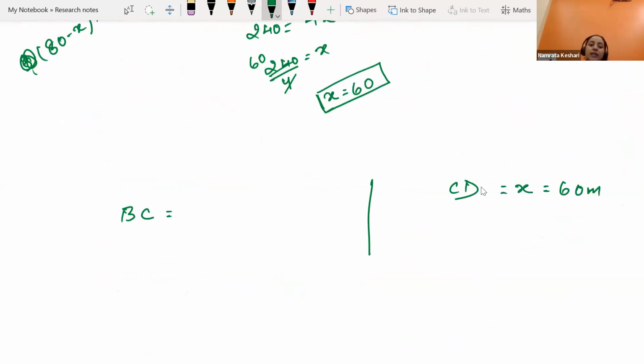And BC is 80 minus x, that means 80 minus 60, that means 20 meter. So one of the poles is 20 meter apart from the point and another pole CD is 60 meter apart from the point.